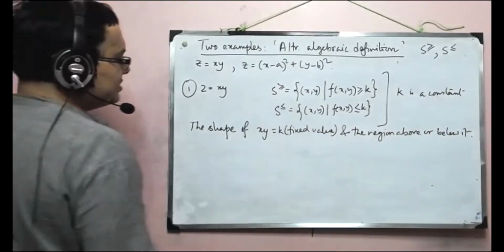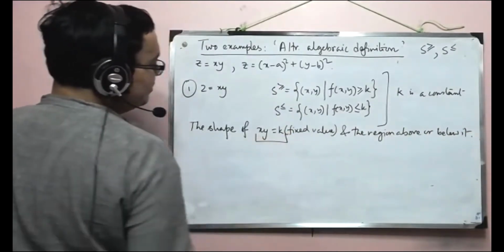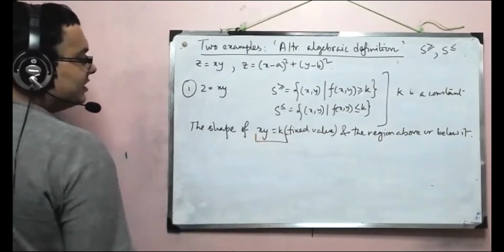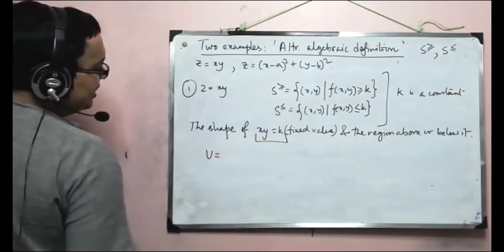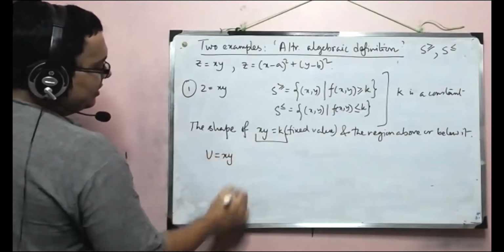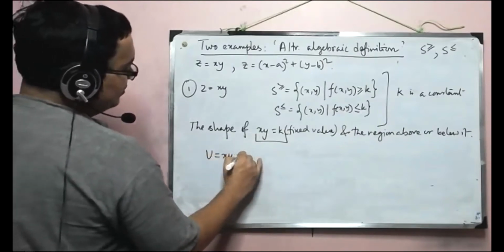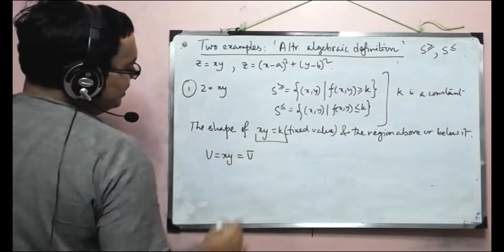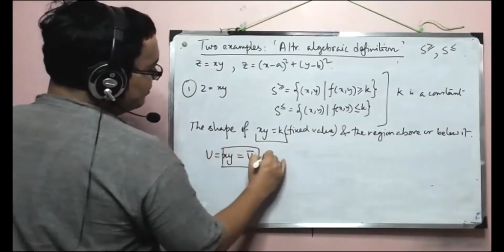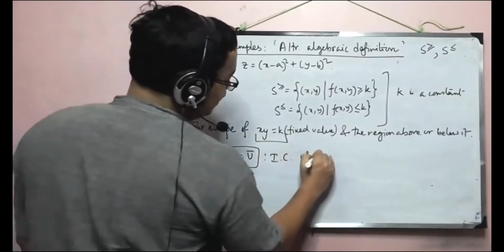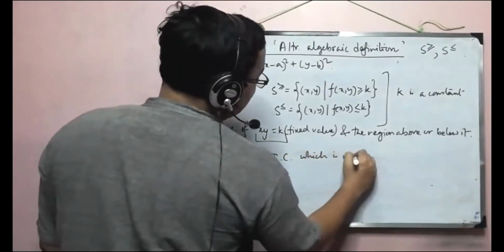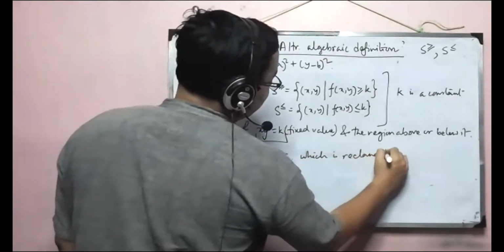Now let's look at this. What is the shape of xy equal to k? This is very well known to us. Why? Because if I write u, that is z, equal to xy, and fix some value u equal to u bar, then this becomes our old IC, which we know is a rectangular hyperbola.